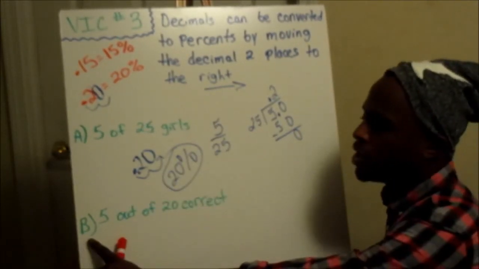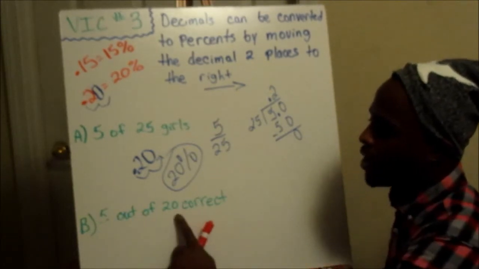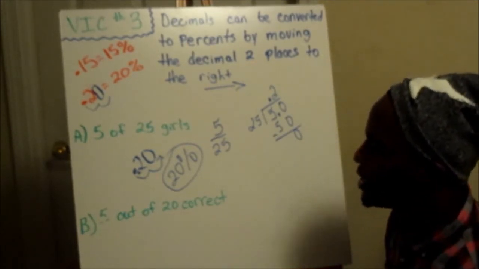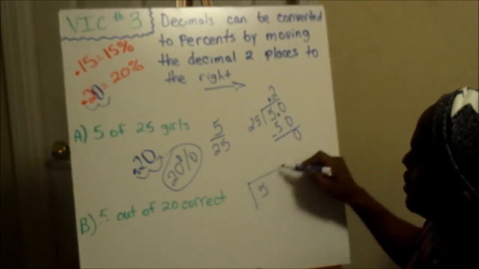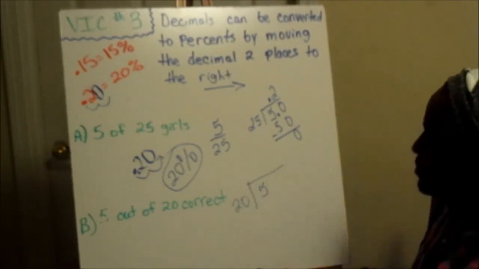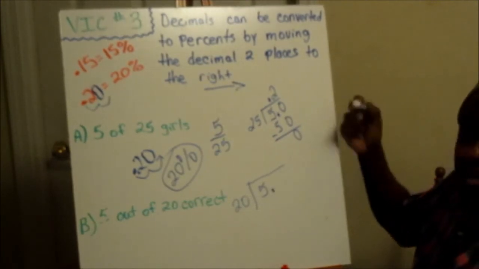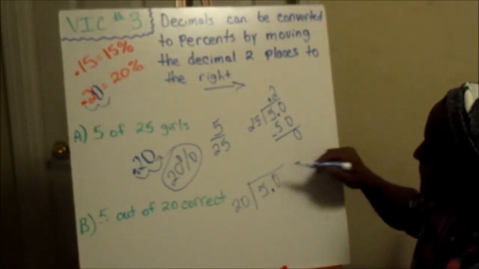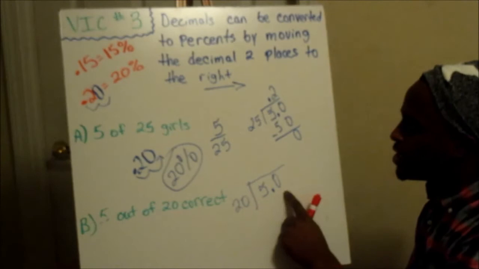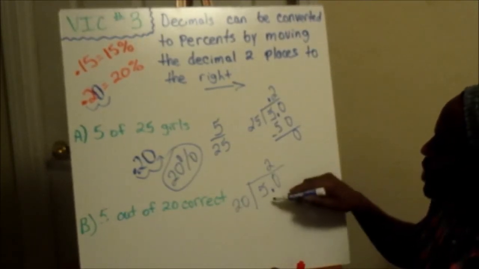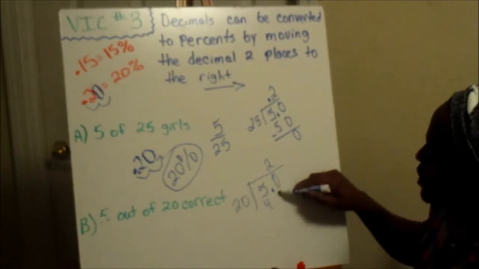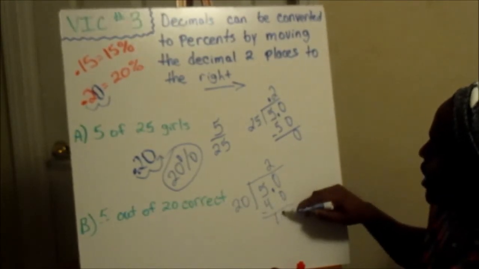Alright. Real quick, 5 out of 20 correct on a test. Again, I can take that 5 divided by 20. I will need to add a decimal and a 0. 20 goes into 50 twice. 2 times 20 is 40. Subtract, I'll get 10.